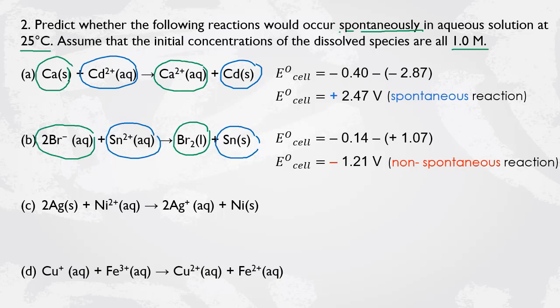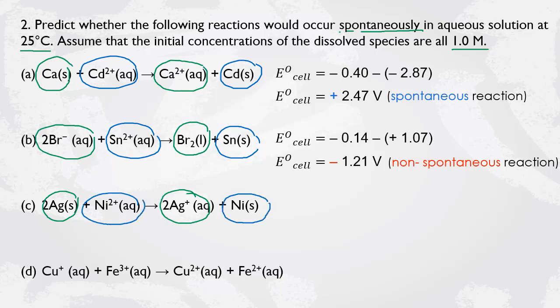For 2C, we have silver react with nickel to form 2Ag+ and nickel solid. So from these reactions, we know that the silver will undergo oxidation while nickel will undergo reduction.